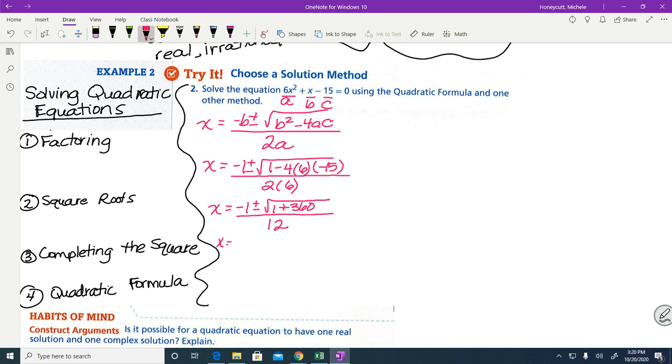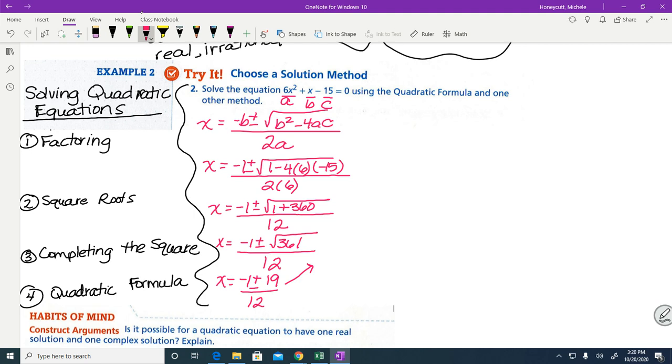So I have x equals negative 1 plus or minus the square root of 361 all over 12. And the square root of 361 is 19. So x equals negative 1 plus or minus 19 over 12. And I'm going to get 2 answers from this.